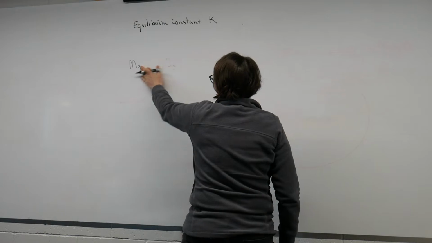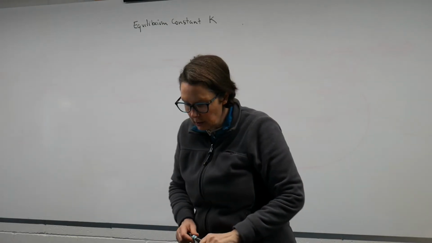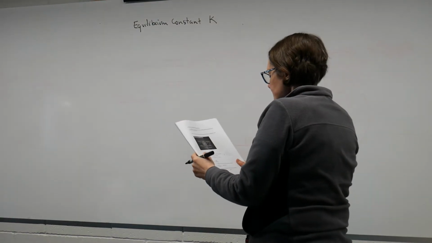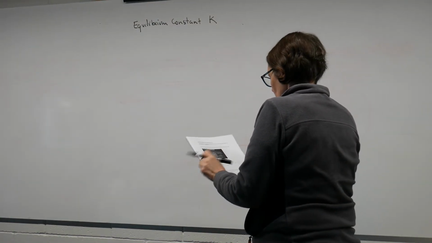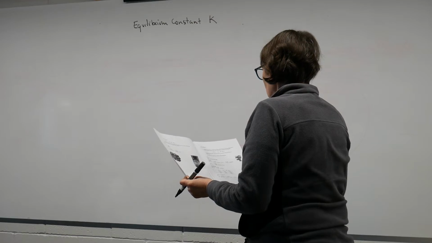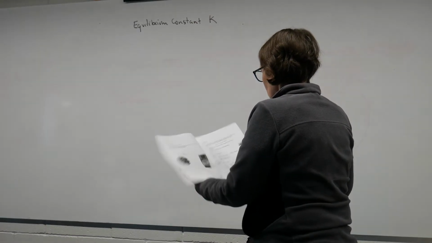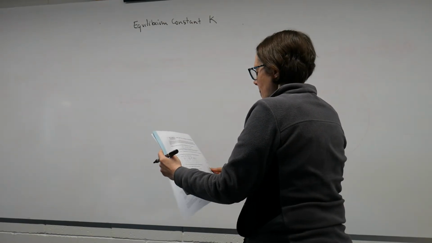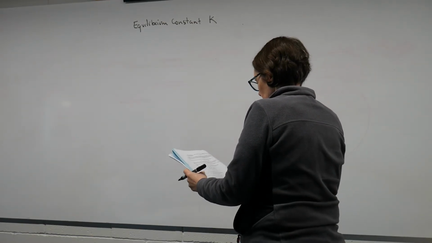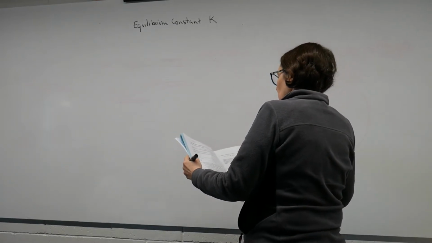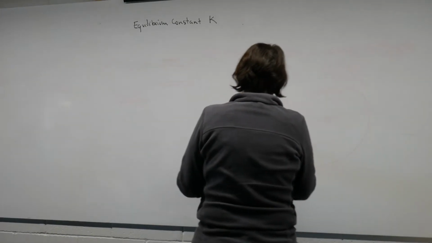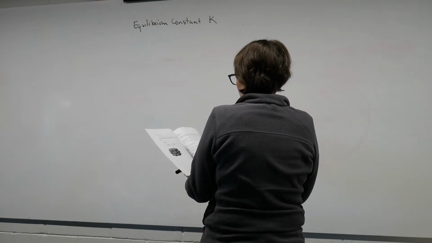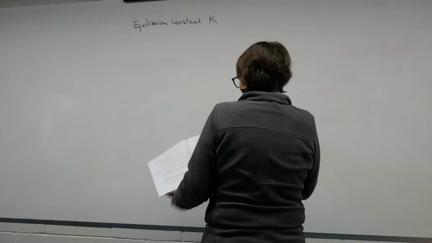No, that's not going to be a good thing, is it? Because I really need an equilibrium reaction, and that's not going to be an equilibrium reaction. Alright, here we go.